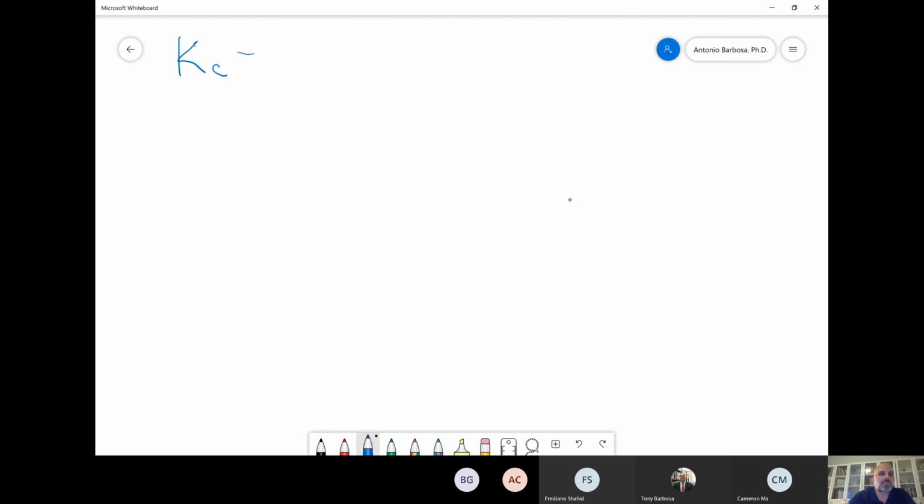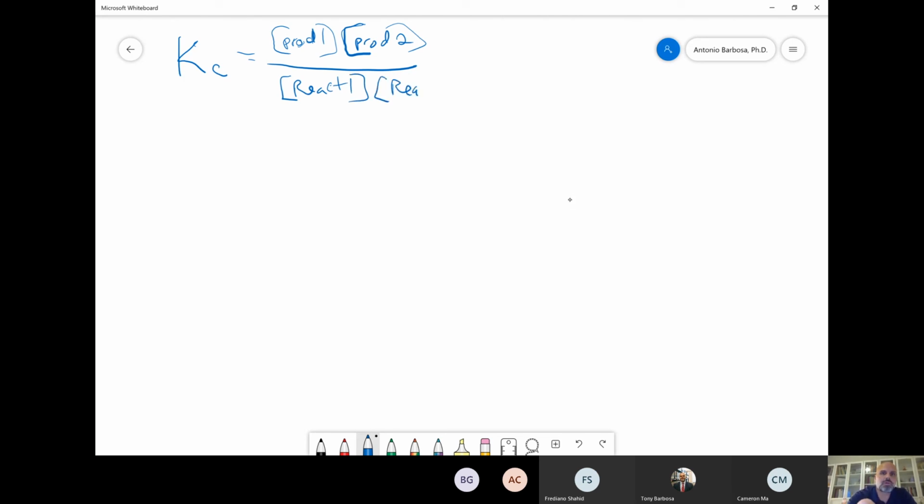They're equilibrium constants, where we are looking at the concentrations of our products, product 1, product 2, all divided by the reactants, reactant 1 divided by reactant 2.